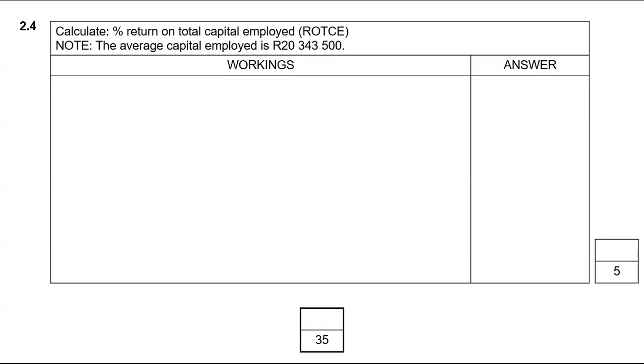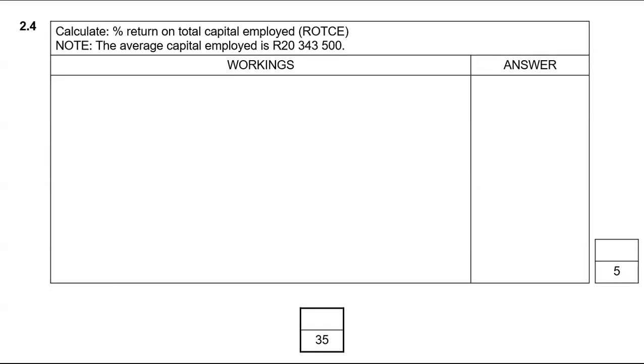So they need to be specific as to which one they're asking, because the other one is return on average capital employed, and the other one is just return on capital employed. But I guess that total means average, and that's how they were looking at it. I think they were just supposed to have been specific.